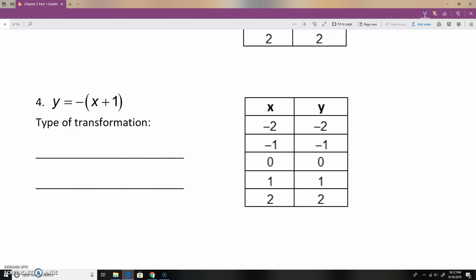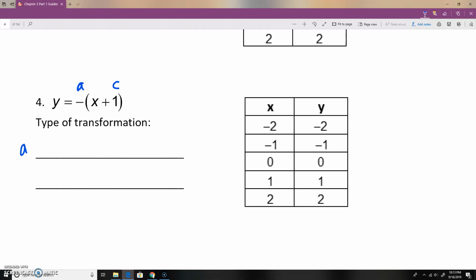Now you're going to see in example 4, we actually have a couple of different things going on here. The first thing we have is this negative at the beginning. This negative is part of the a value because it's outside the parentheses. And this 1 is inside the parentheses, so it's going to be part of our c value. Alright?